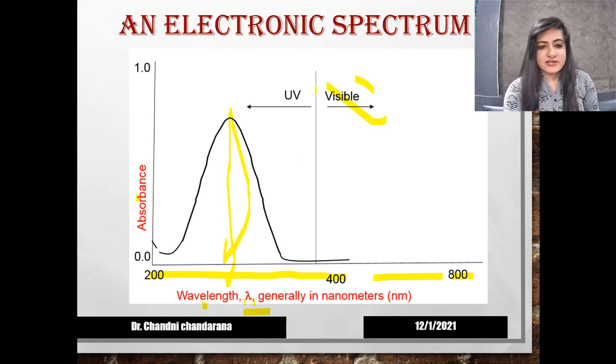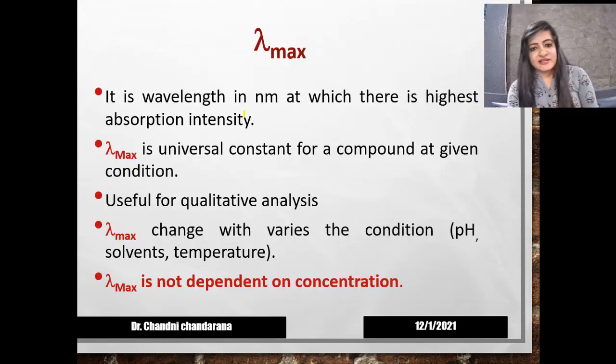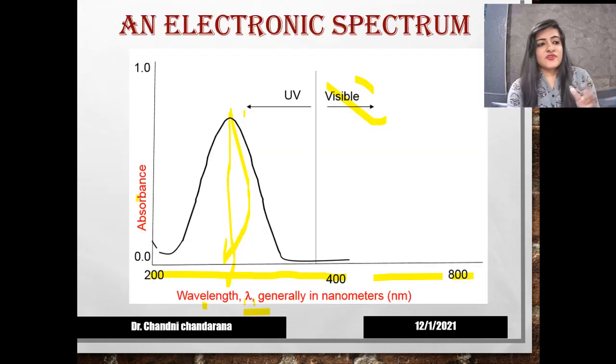Now we will see what is lambda max. It is the wavelength in nanometer at which there is the highest absorption. Means what? If you take a UV spectra of paracetamol, at 257 nanometer you are finding the highest absorbance.